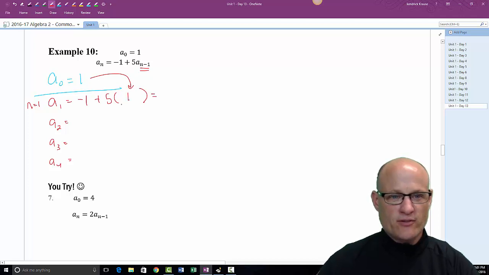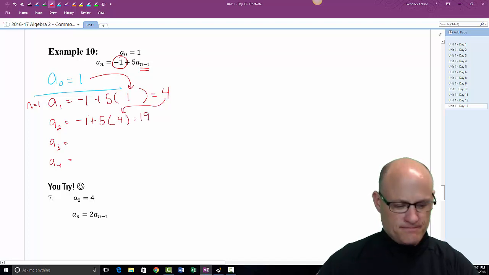So this is negative 1 plus 5, which is 4. Now it's going to be negative 1, because that's the rule, negative 1 plus 5 times the previous term. So that's 19. And then it's going to be negative 1 plus 5 times the previous term.